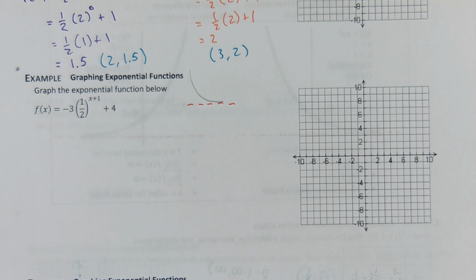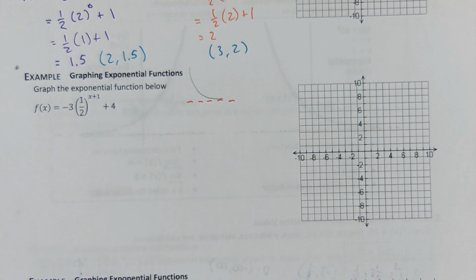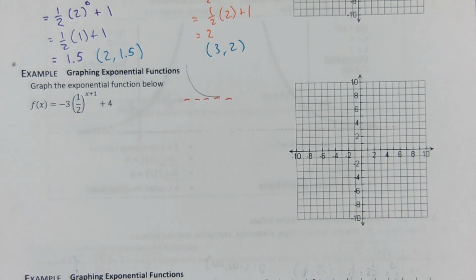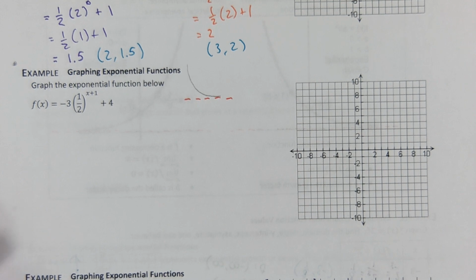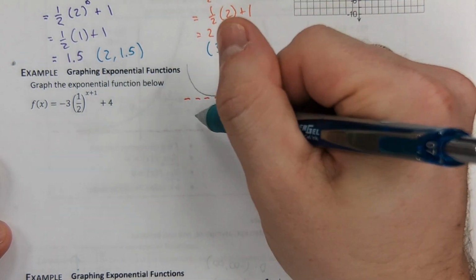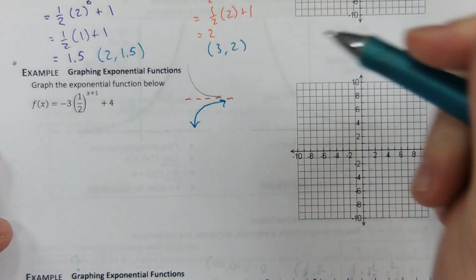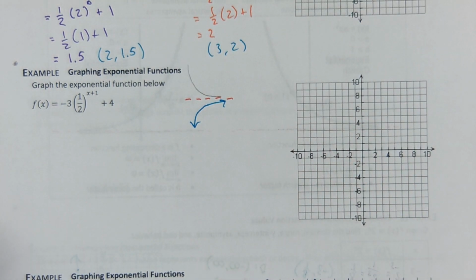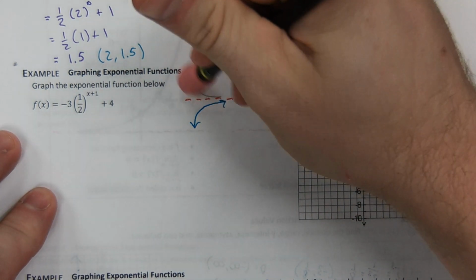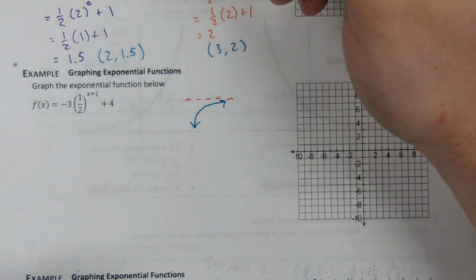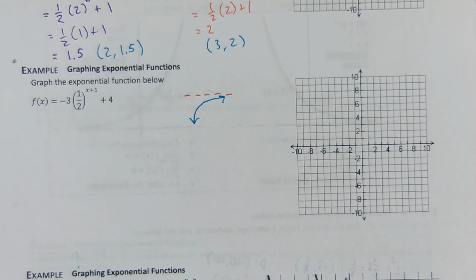It's a negative number. So the image that I just drew in pencil needs to be flipped upside down. There we go. So we've decided on the shape based on A and B, the front number and the exponential base.